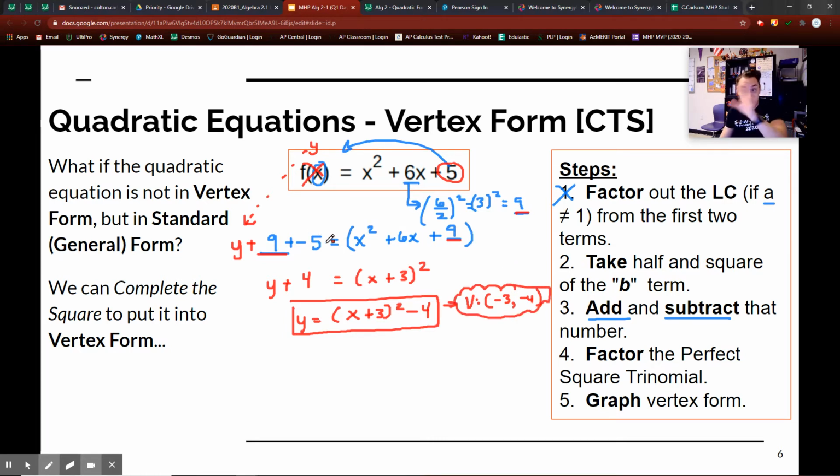So now, as you can see, what we did was we took the standard form equation and moved it into, or translated, manipulated it into vertex form. So we can pull out our vertex. Okay? Now, I could also just use this standard form. So I'm going to actually use this standard form and just say, okay, well, did I really need to find the vertex to graph this function?